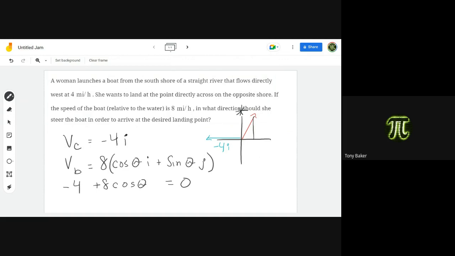So how do I solve? Move the 4 over, divide by the 8. So cosine theta equals what? If it moves the 4 over, I added it, so it's positive. So 1/2. So theta is going to equal what? 60 degrees.